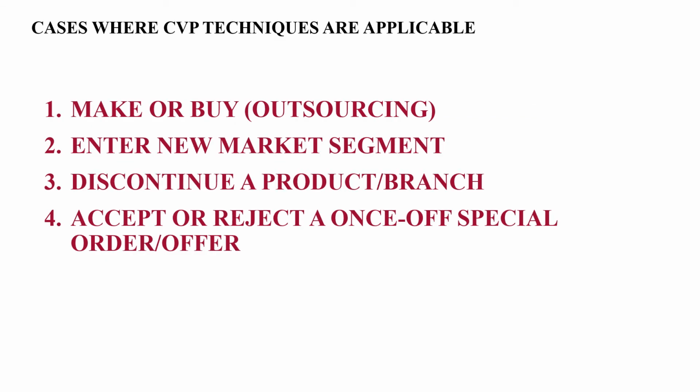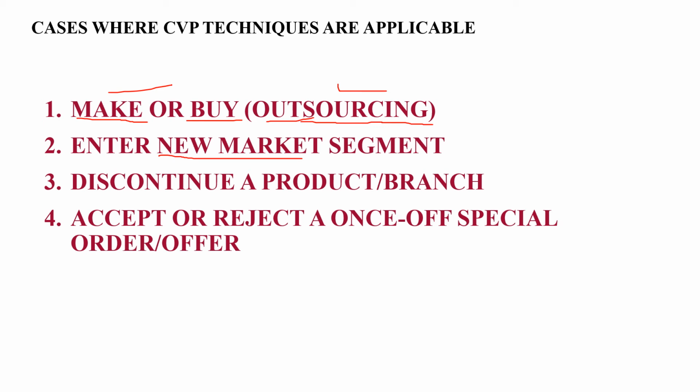Then these are cases where CVP is applicable. Number 1, if we have to make a decision whether to make a product or to buy it. That means before you decide to outsource it, you'll have to compare your costs and those that your external supplier is willing to sell at. Number 2, if you want to enter a new market, you make use of CVP analysis.